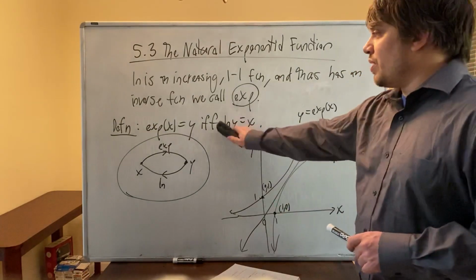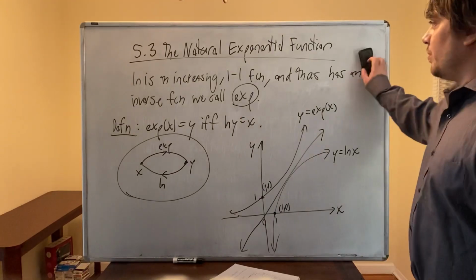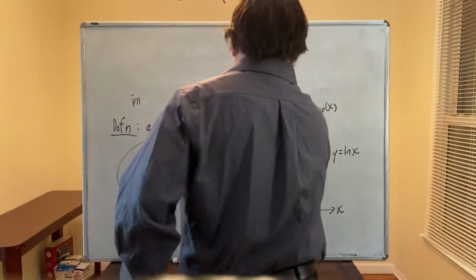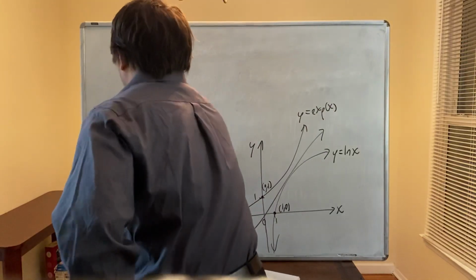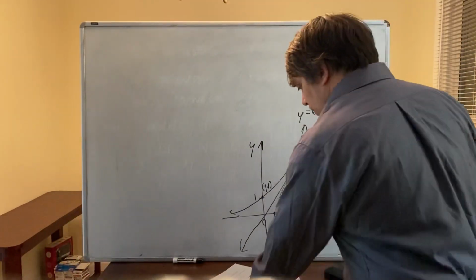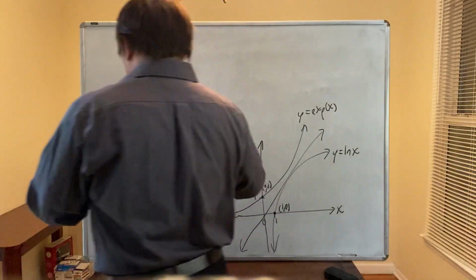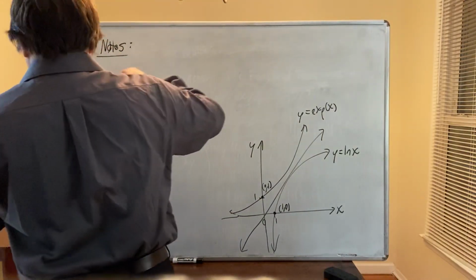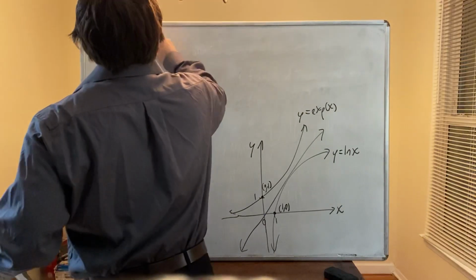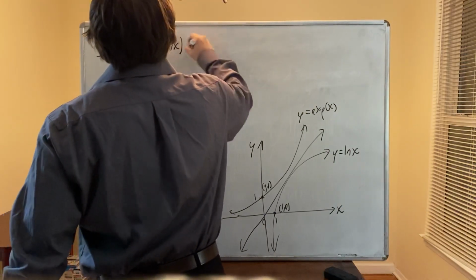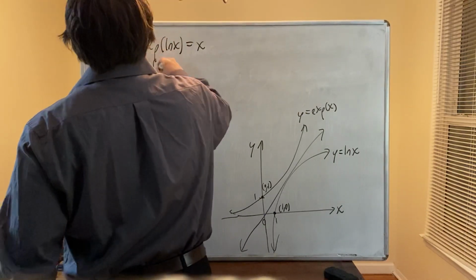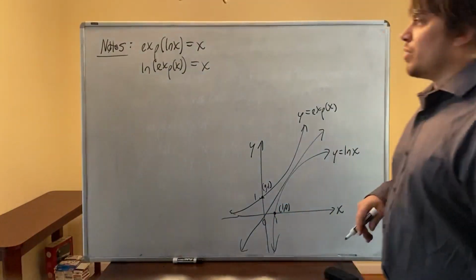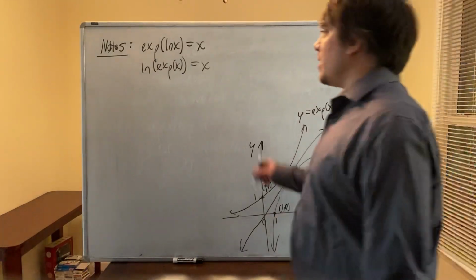Okay, so we have the definition of exp right here. Keep going. I'm going to keep the graph on there, and I'm going to erase everything else. Okay, so notes. Exp of ln x is equal to x, and ln of exp of x is equal to x. These are the cancellation equations for exp and ln.